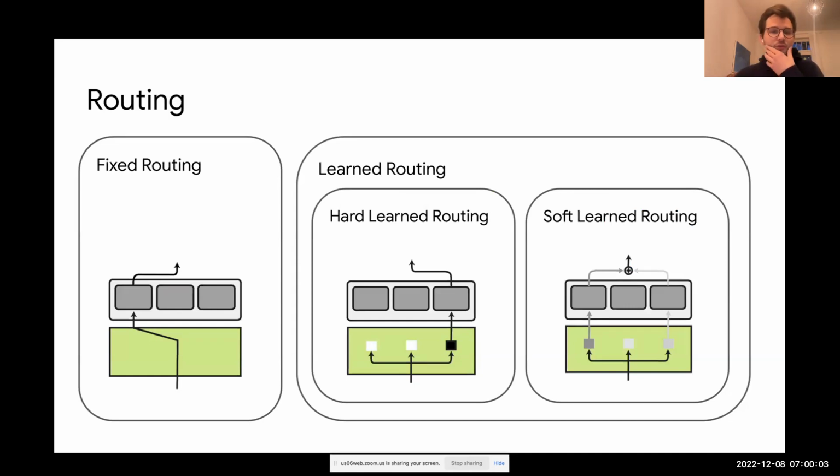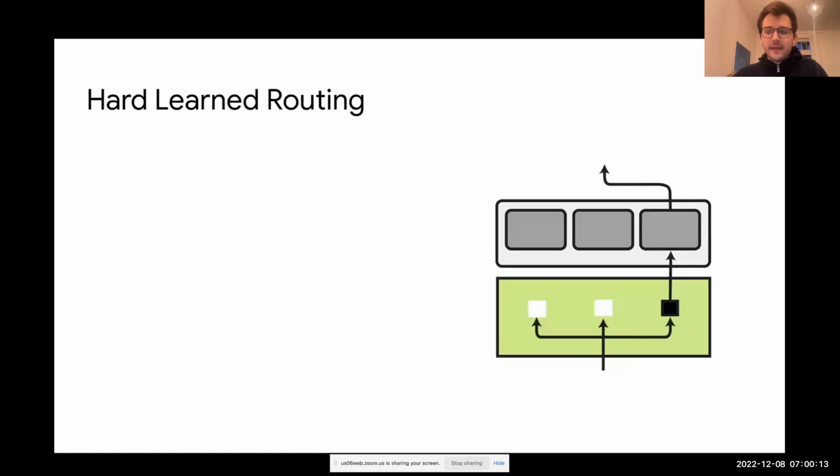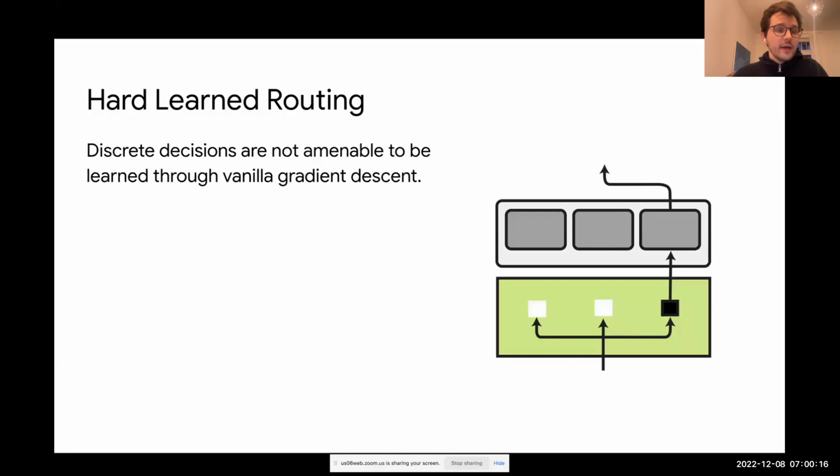And in order for us to actually try to perform this routing, we can first of all look at hard learned routing. And here, as many of you know, making these discrete decisions is not directly trainable with vanilla gradient descent, because we cannot backprop through this discrete selection of a categorical distribution.